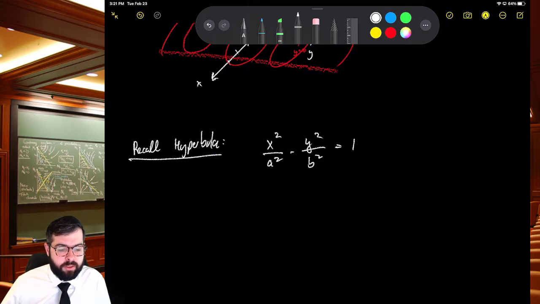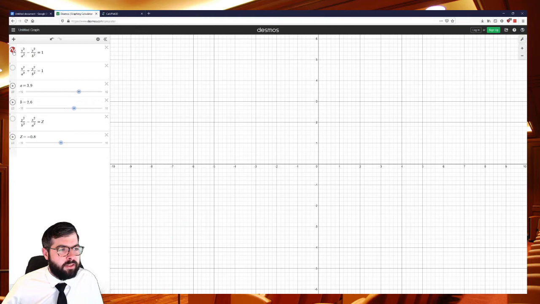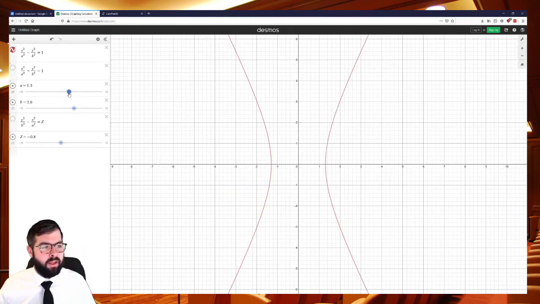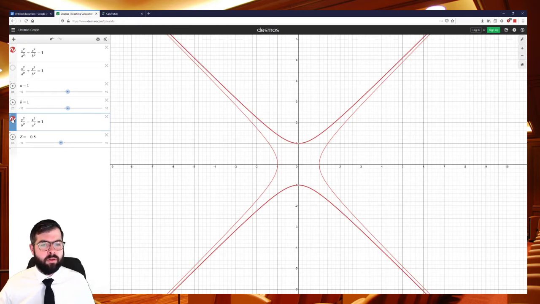And I can actually show you my graph here. So this guy, right, is the hyperbola when a and b are 1. And then if we switch the order around, right, it takes on the other direction. So whatever term is positive, that's the axis it's kind of lying on.